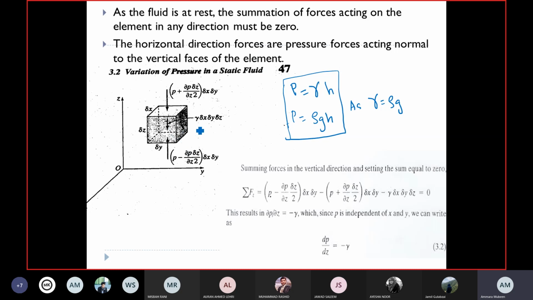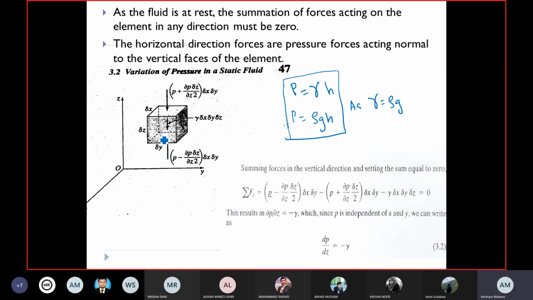Just consider this cubical differential element. The width of this cube element along the x-axis is delta x. Along the z-axis, the width is delta z, and along the y-axis, the width is delta y.